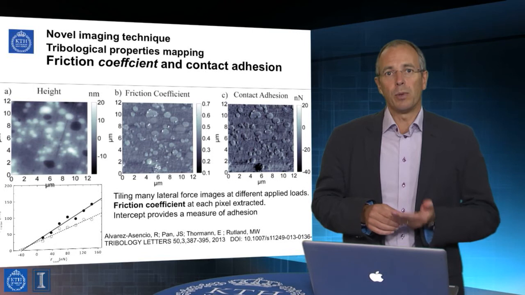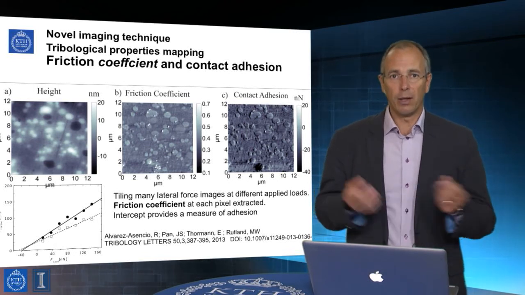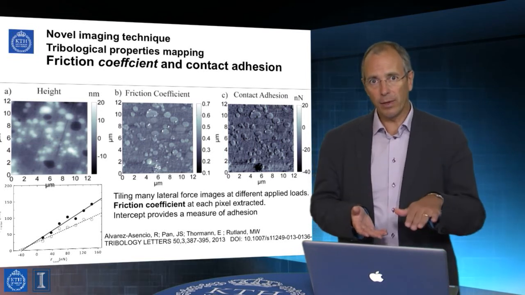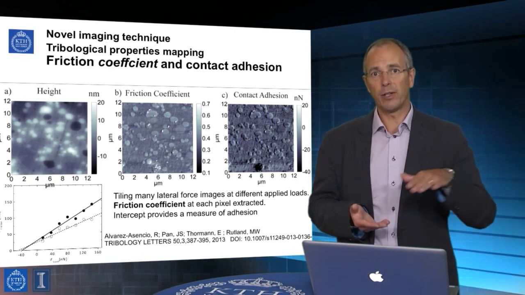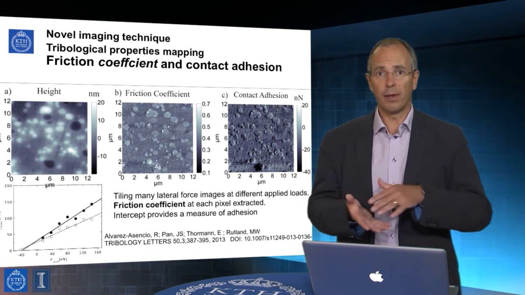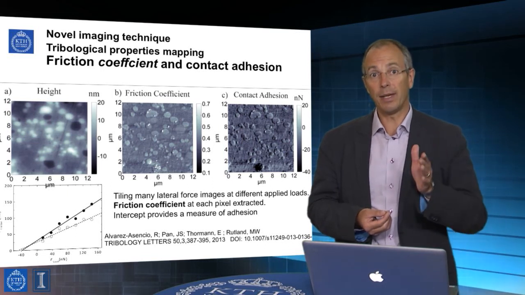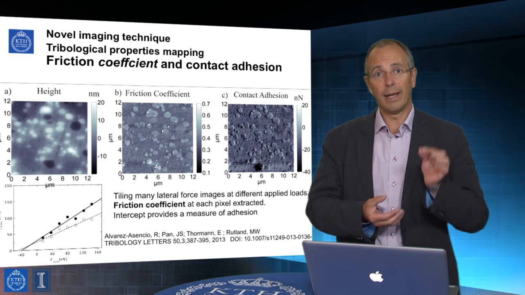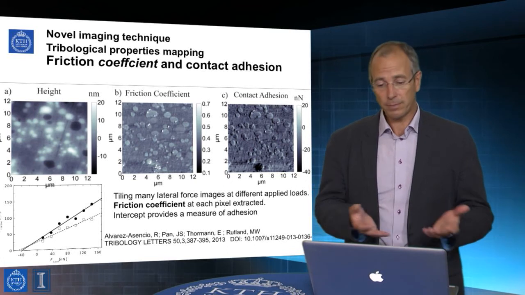So in the previous images, we had a single applied load, and we were just measuring the friction and looking at the differences in the two regions. What we can do is take a series of images at different applied loads, and then we'll see that the friction varies with that applied load, and we can tile those images so that they sit on top of each other in space, and then at each pixel we can actually see how the frictional force varies locally with the applied load, and extract pixel-wise the friction coefficient for that point.